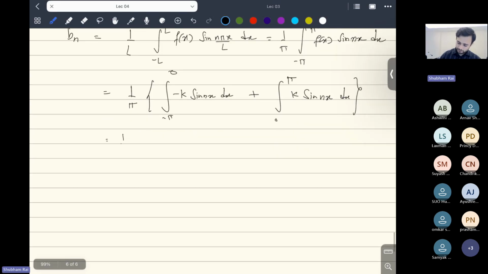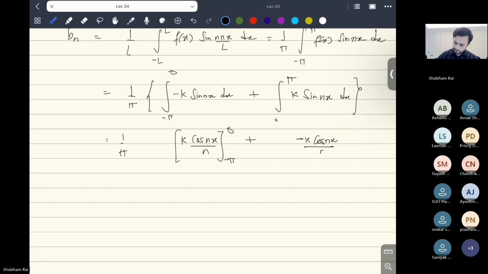Now let's solve this. So 1 over pi, minus k, and the integral of sine nx will be minus cosine nx by n, right? So you will get minus minus plus, so you will get k cosine of nx by n here, going from minus pi to 0, plus here you will get minus k cosine of nx by n, going from 0 to pi.